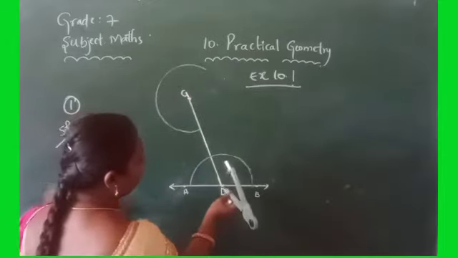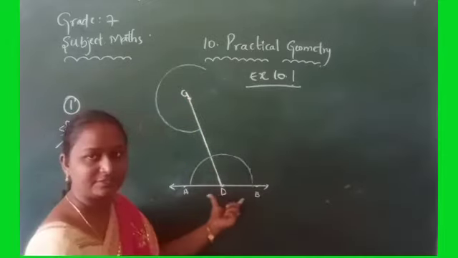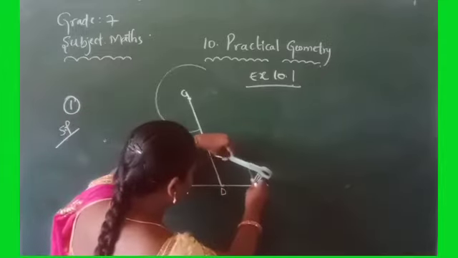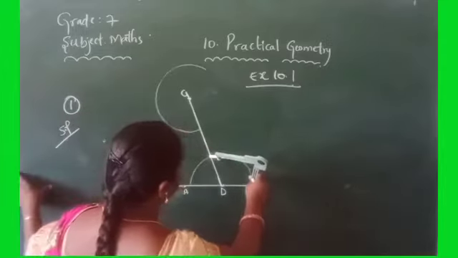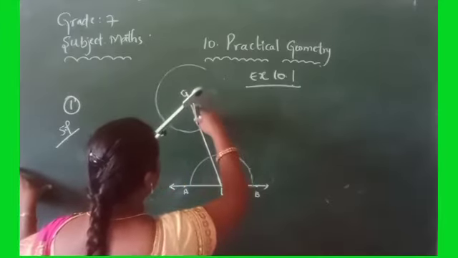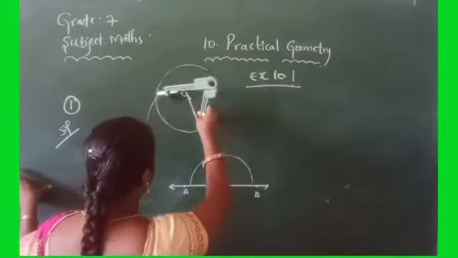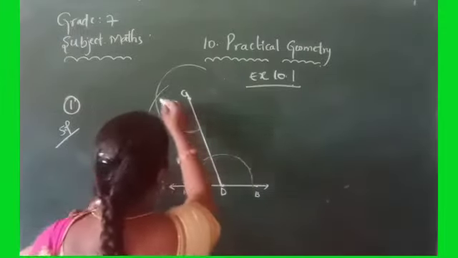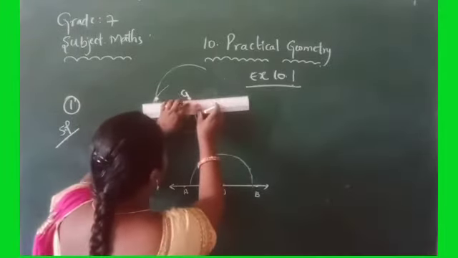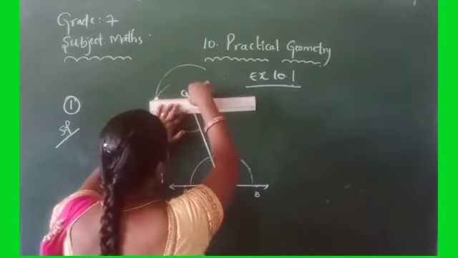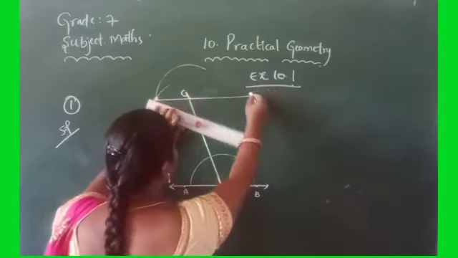Here the arcs cut at points E and F. Take this much radius, this length, and draw. I drew these arcs because we have to draw a parallel line. So here I am joining these two points with the help of this ruler.